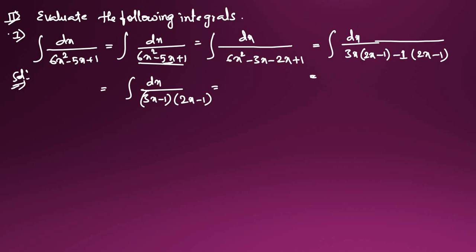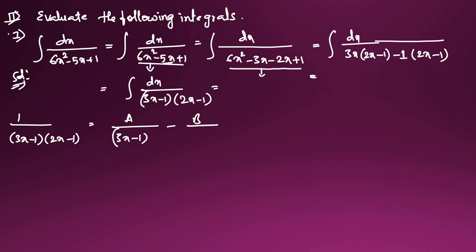This is the factorization of the denominator. After that, I will take 1 by (3x minus 1)(2x minus 1) equal to a by (3x minus 1) plus b by (2x minus 1).